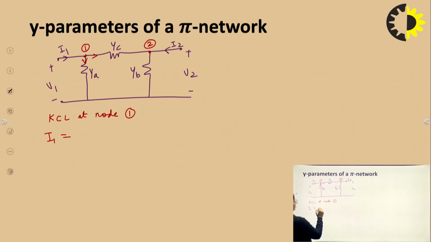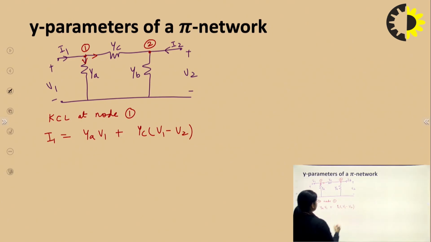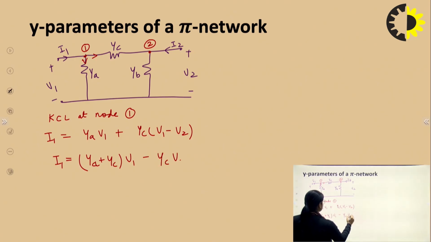So, I1 is equal to YA V1 plus YC times (V1 minus V2), right? So, rearrange this equation. I1 is equal to (YA plus YC) times V1 minus YC times V2. This is equation number 1.